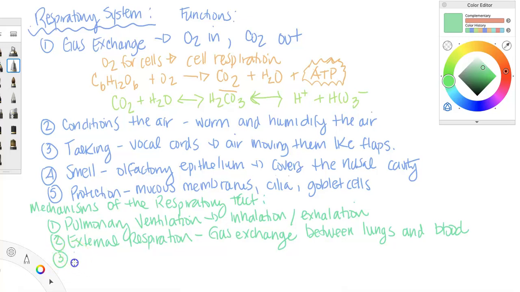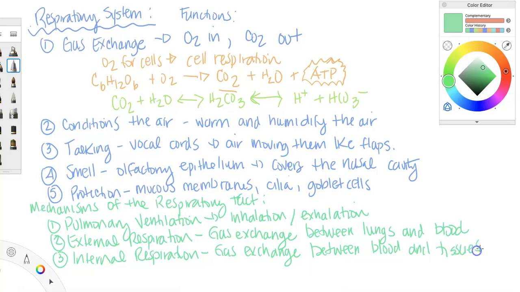All right. Internal respiration is where we get gas exchange again. And this is between blood and tissues. Tissues or body cells.